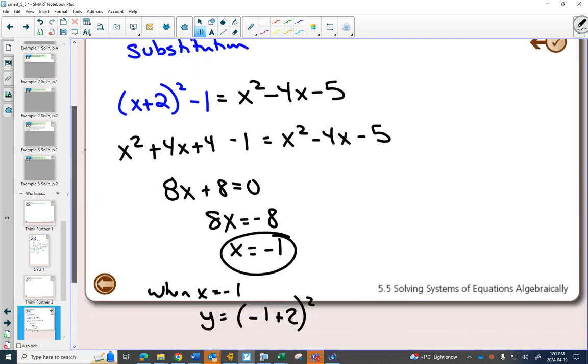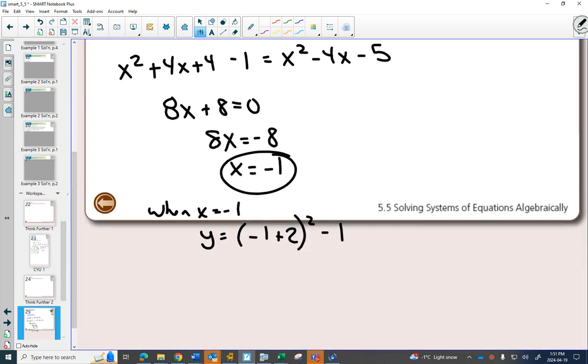What was the first equation? -1. And this will be -1 plus 2 is 1, 1 squared is 1. I get 1, 0. So my solution is 1, 0.